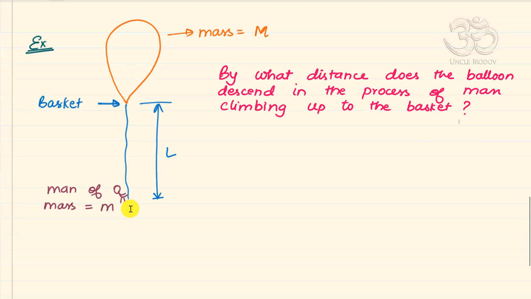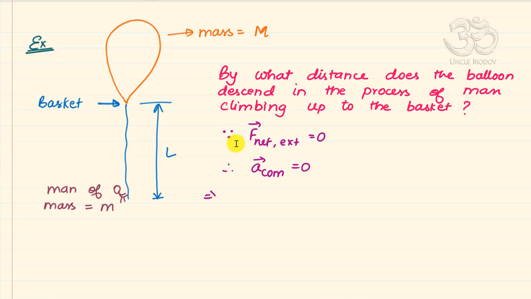Vertically there are no net forces, and I can think of the man and the rope and the balloon as one system. And when I take them as a system, the force of interaction between man and the rope, or the rope and the balloon, becomes immaterial, and I can say that delta y center of mass, since F net external is 0, therefore acceleration of center of mass is also 0.